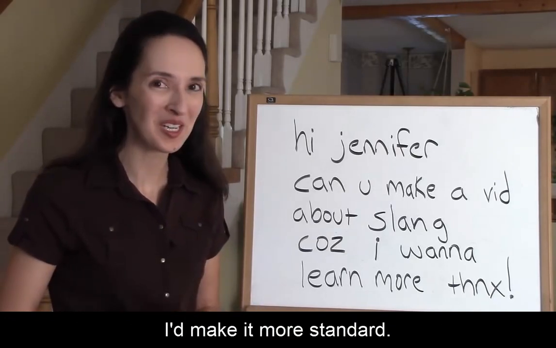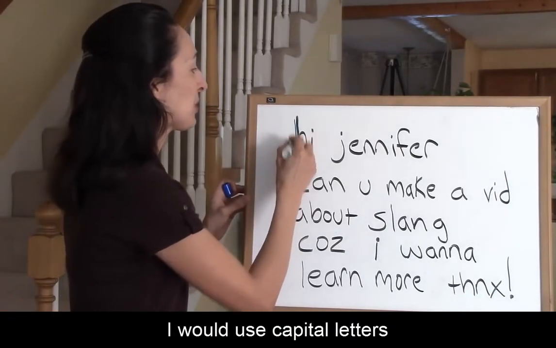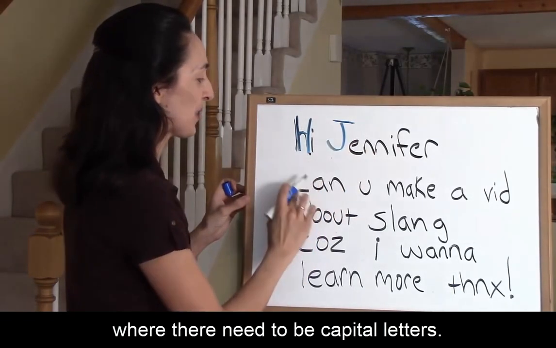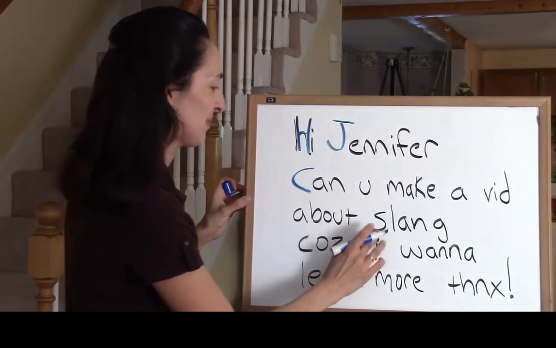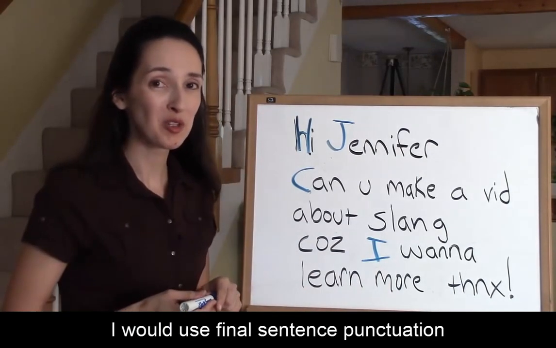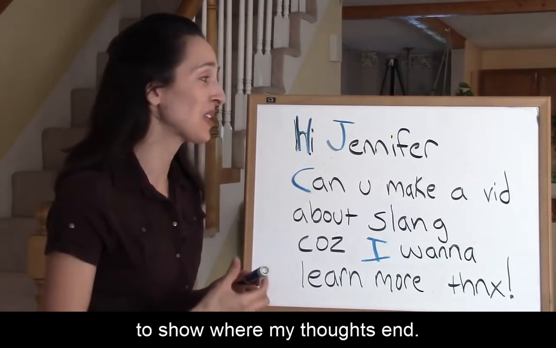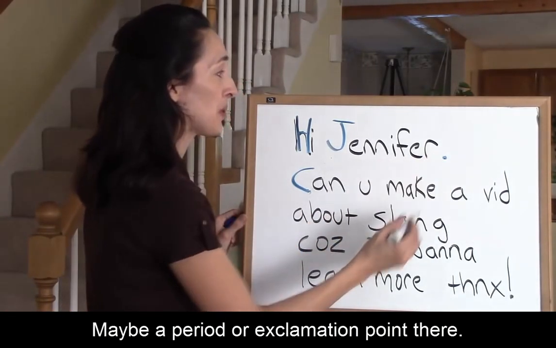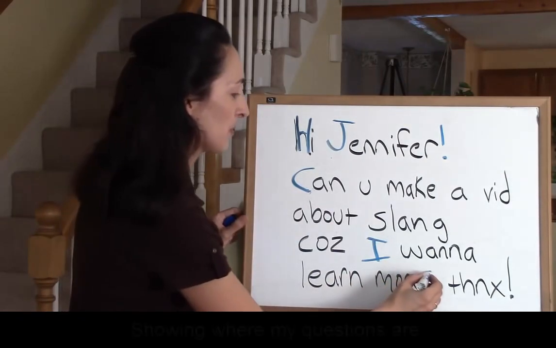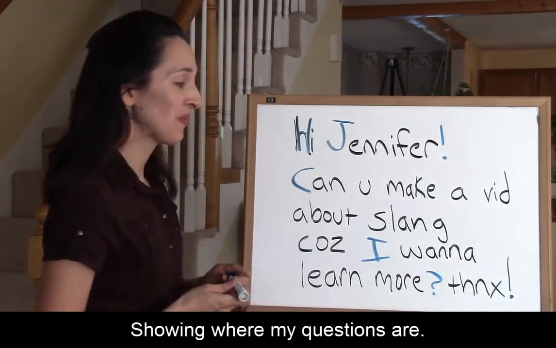I'd make it more standard. I would use capital letters where there need to be capital letters. I would use final sentence punctuation to show where my thoughts end. Maybe a period or exclamation point there, showing where my questions are.